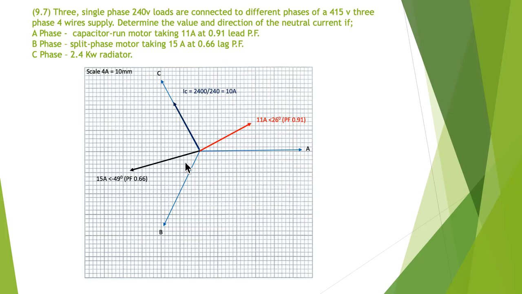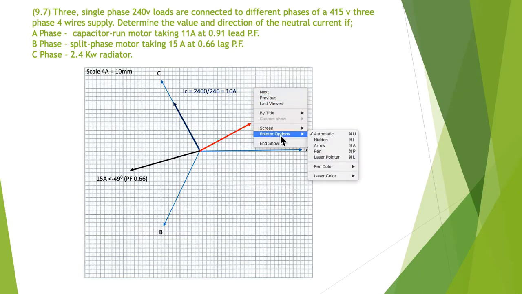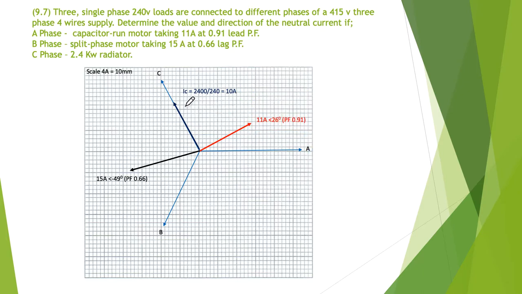Our next step is to add our third phasor in, and this time it's nice and easy because they tell us that the C phase is a radiator, but they don't tell us how many amps. They tell us the kilowatts, and we know it's a single phase at 240 volts, so it's pretty easy to work out, and you can see I've done that here. The current is simply the power divided by the voltage, which gives me the current in amps.